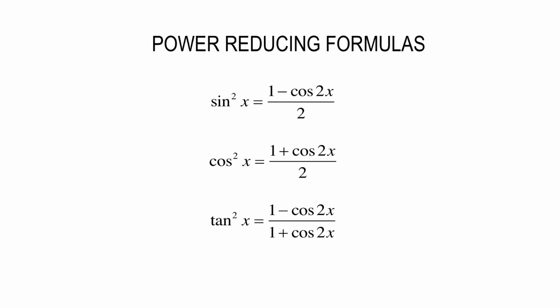So you'll notice here we've got sine squared, cosine squared, tangent squared. This reduces it down to a cosine to the first power. When we don't have anything written there, we assume it's being raised to the first power. And this can help us rewrite statements involving sines, cosines, tangents that are not being squared.